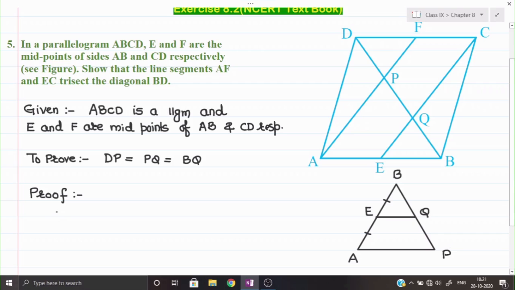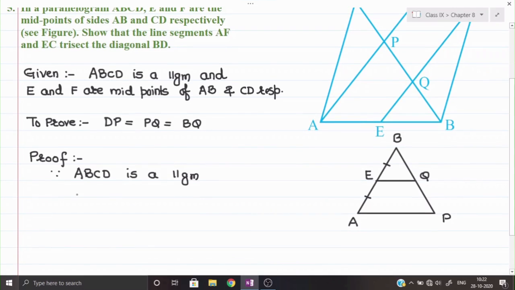See, since ABCD is a parallelogram, and we know that in a parallelogram the sides opposite to each other are parallel as well as equal, AB is parallel to CD and AB is equal to CD, that we know.